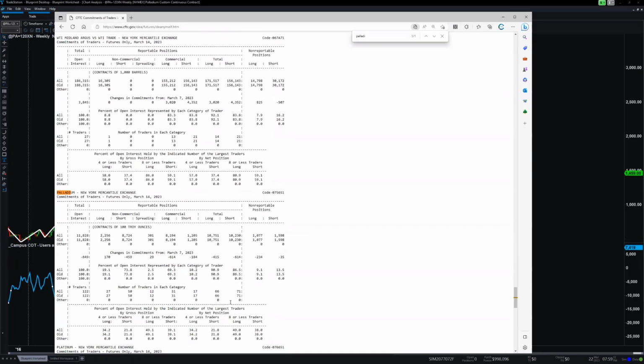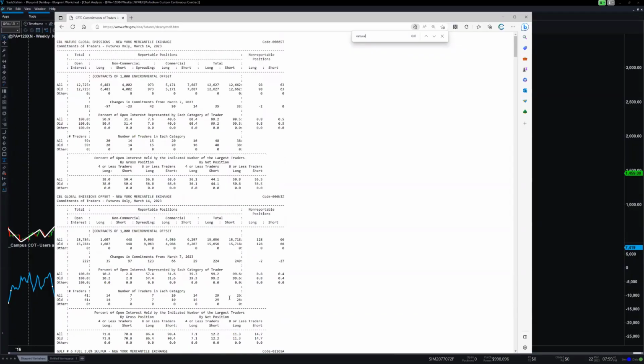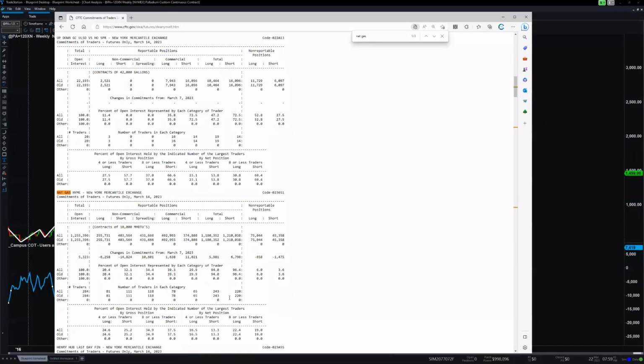The smaller the market, the more it's prone to manipulation. However, if you look at a bigger market, for example natural gas, they have 440 participants.